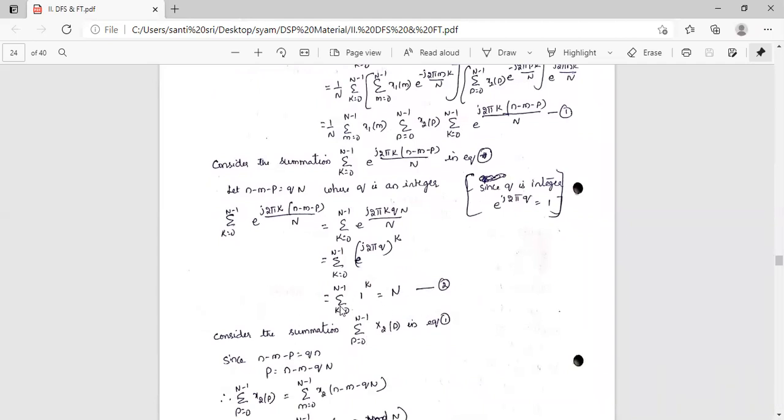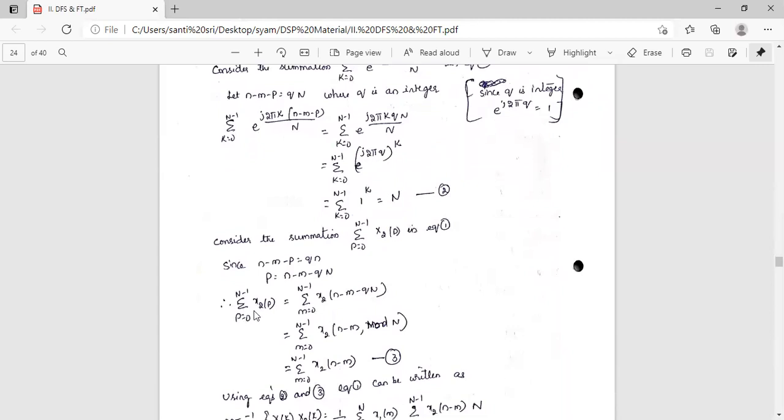Consider the summation sigma p equal to 0 to N minus 1 x2 of p in equation number 1. So since N minus m minus p is equal to qN, then p equal to N minus m minus qN.